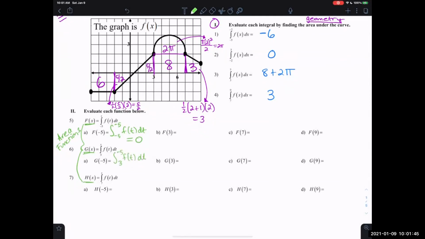Give myself a little bit more space there. So what I'm going to do is apply the order of integration property, and I'm going to rearrange that. And then I will go up to my picture and I will evaluate. So now I'm talking about going from -5 to 3. So that is going from here, -5 to 3.